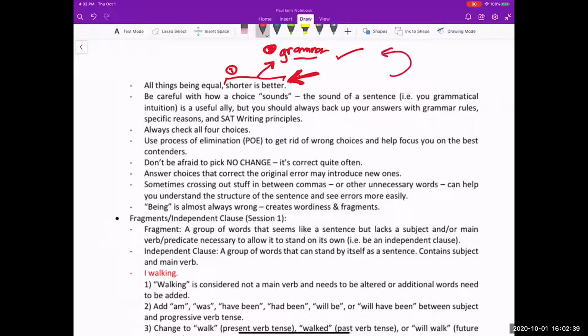But if you have time to review, the third thing would be to look at the other choices and eliminate them. But this is usually the route: shorter is better, which is quick, and then check the grammar rule. And then if you have time, go back to other choices and confidently say that none of them are the ones, and so yours is correct.